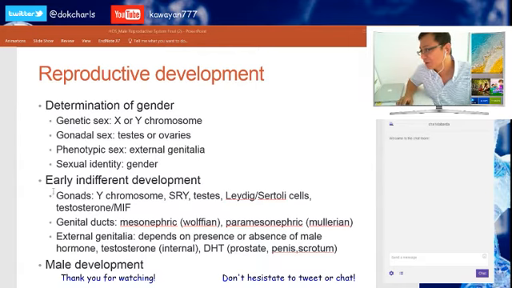So you have several structures, for example, your genital ducts: your mesonephric duct and your paramesonephric duct. Your mesonephric duct is your Wolffian duct, while your paramesonephric duct is your Mullerian duct.